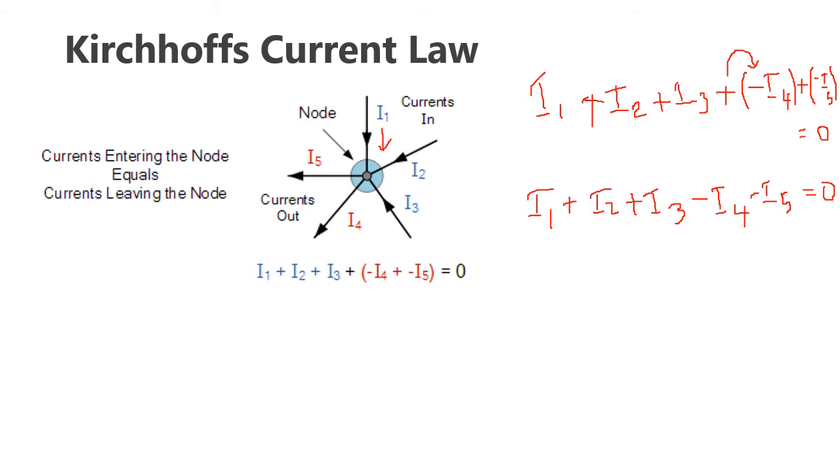Here I4 and I5 are negative, so I am taking them to the other side of the equation. On the left-hand side, I1 plus I2 plus I3, and taking I4 and I5 to the other side, that will be equal to I4 plus I5.